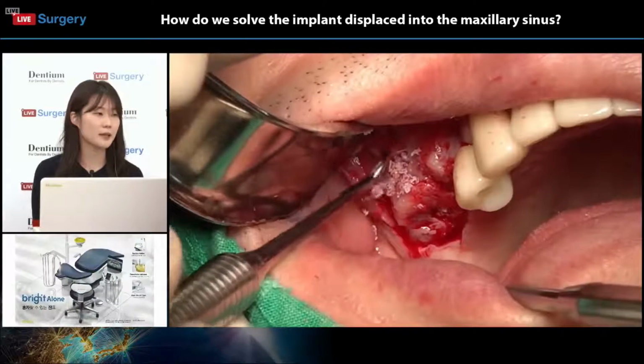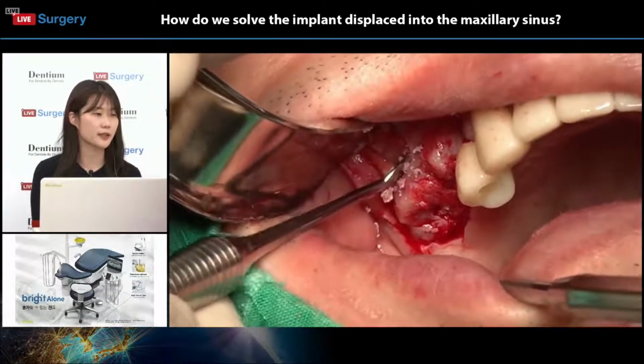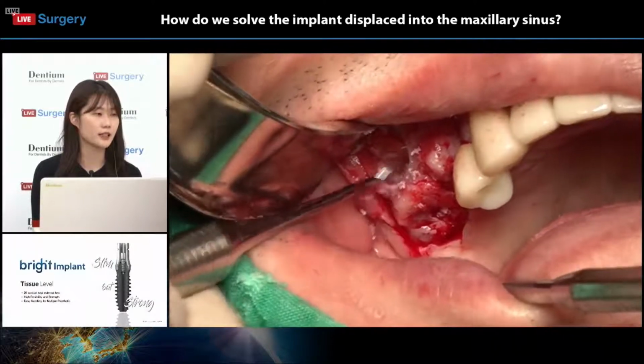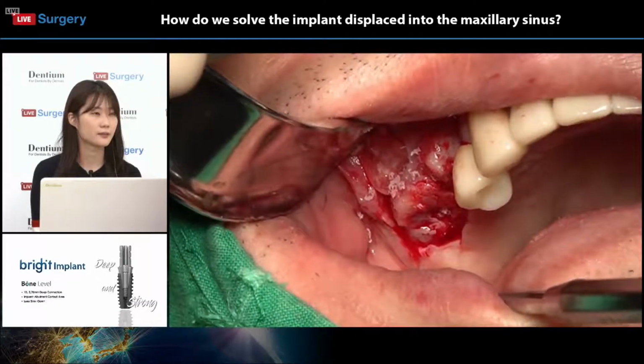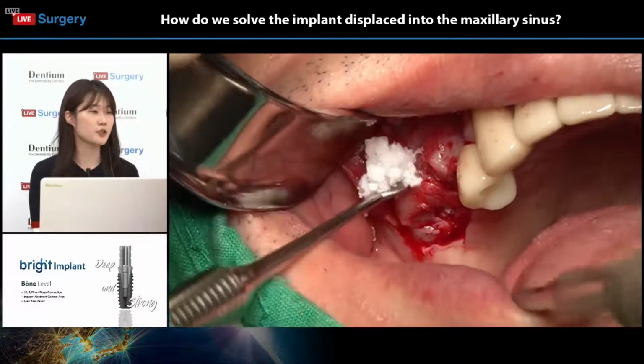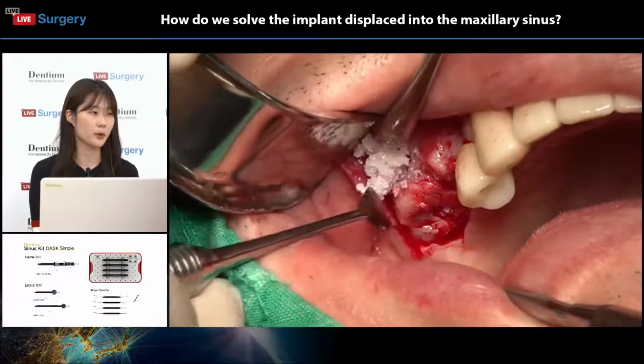Conjectured from its name, it's a bovine grafting material with osteoconductivity. Its porous structure is claimed to be similar to that of human bone.